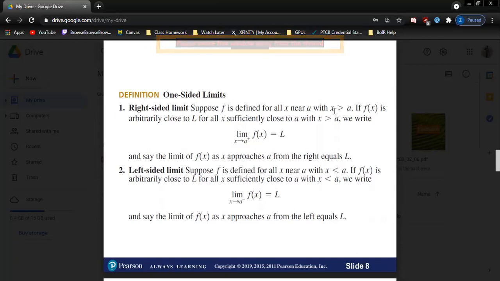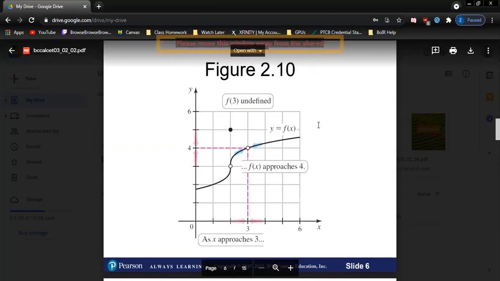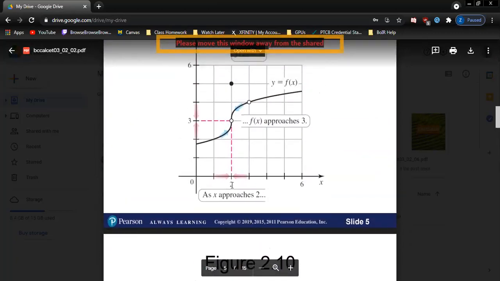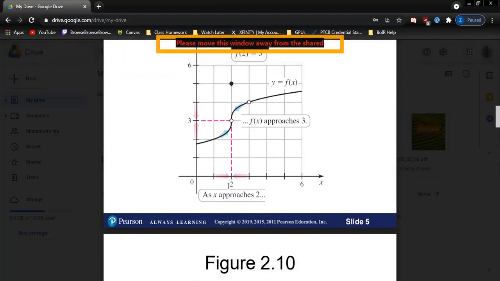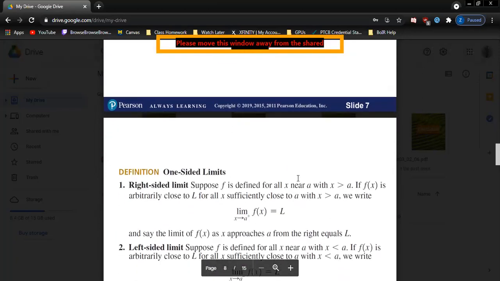Now, what does this x greater than a mean? Okay, now let's go back to the graph. Here, our a was 2, since we are approaching towards 2, right? So this a is the value we are approaching, from either side, doesn't matter which side we are from.